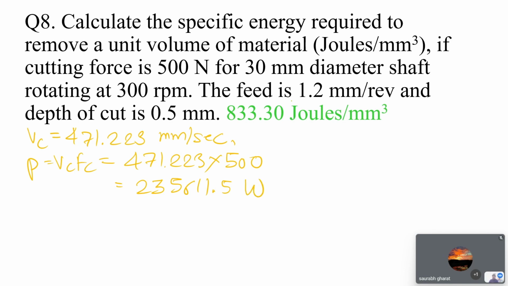You can consider that because the shaft is big, a 30 millimeter diameter shaft, the feed is high and the force is high. In that case, your machine may be a large lathe machine, and due to that large lathe machine the power may go up to this value because it is very large. 30 millimeter diameter is high, so your cutting force is high and due to this the power can come.